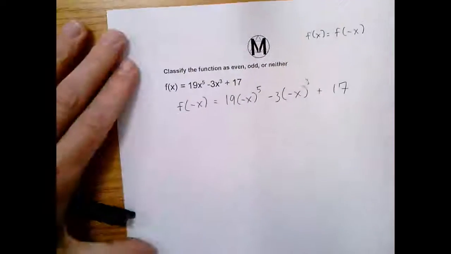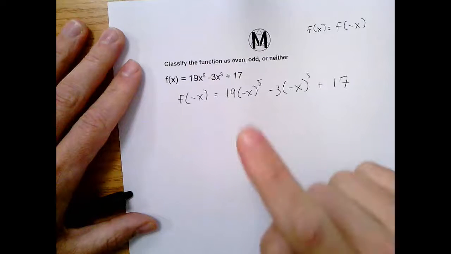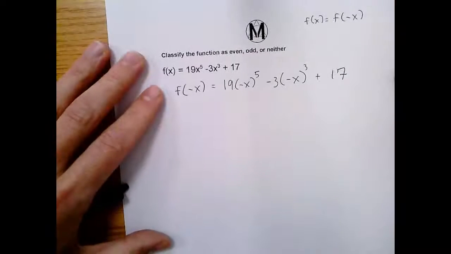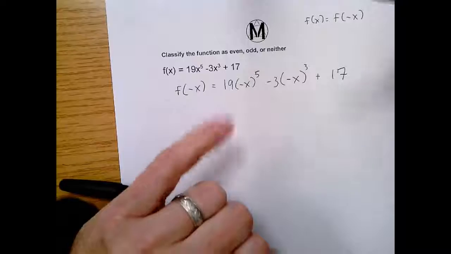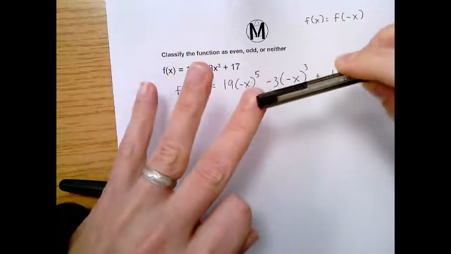So let's just see what happens here. You could write this out, 19 times negative x times negative x times negative x times negative x times negative x, but you really don't have to do that. You can just follow the negative-positive pattern, because negative x times negative x is positive x. Positive x times negative x is negative x.